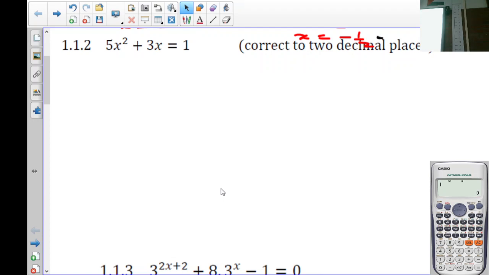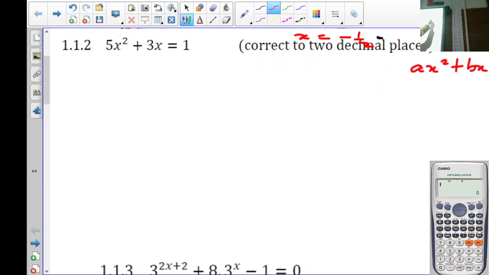So of course we're going to use the quadratic formula, but we need to get it in the form of ax squared plus bx plus c, which is our standard form. So ax squared plus bx plus c equals 0. We want it in that form.